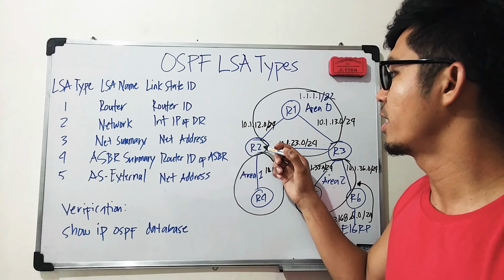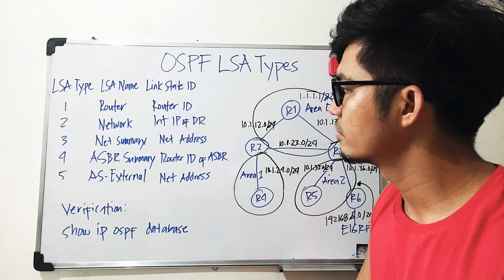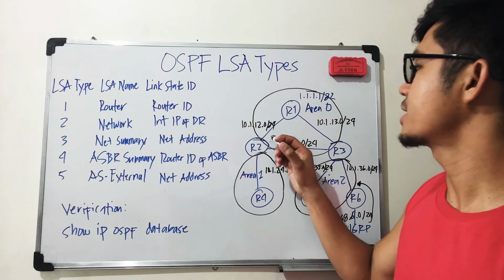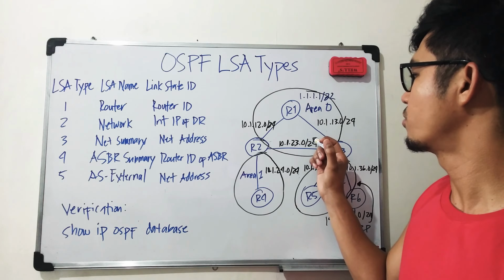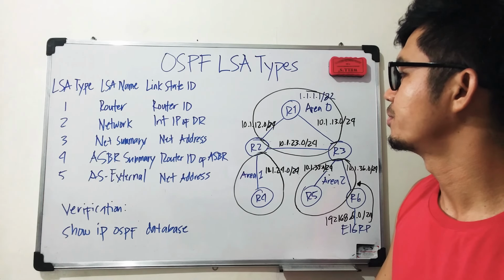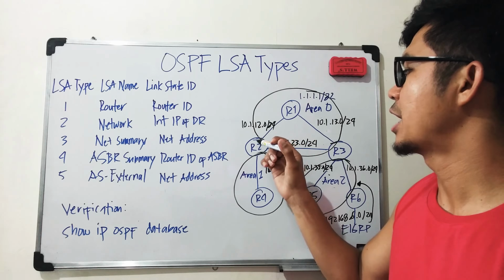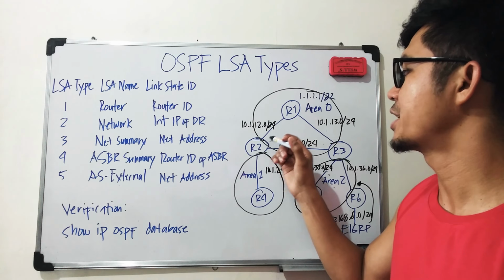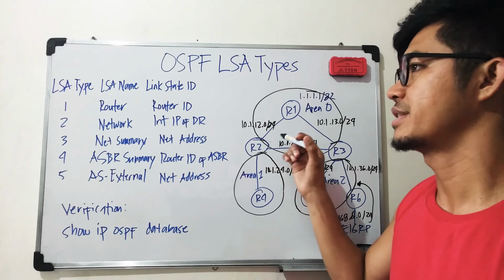So R2 will describe the network on this segment, and here whoever is the designated router. So network LSAs are advertised by the designated routers.